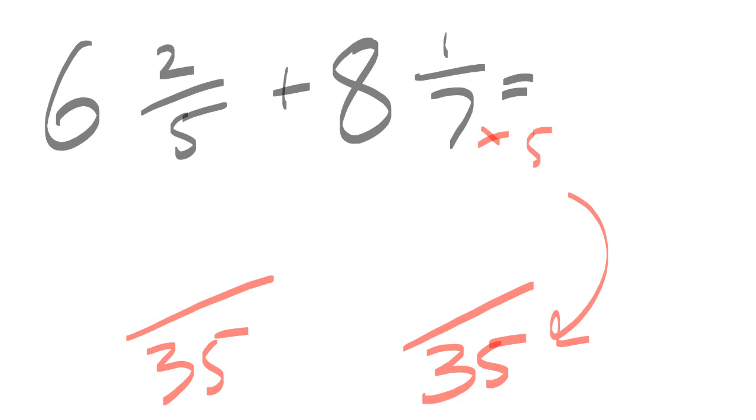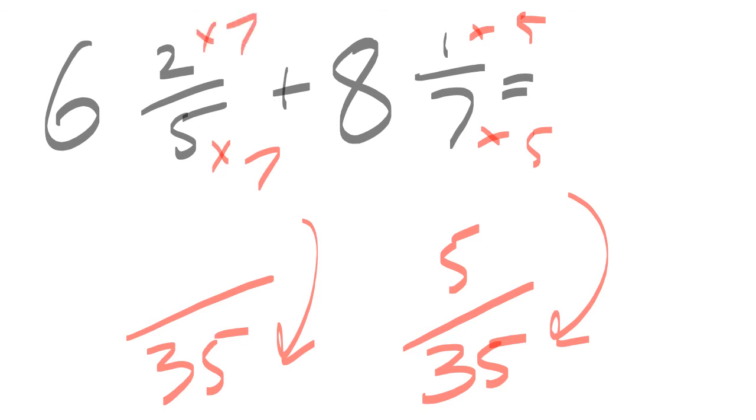Remember, with fractions, when you're making them equivalent, whatever you do to the bottom, you've got to do to the top. So 1 times 5 equals 5. Great. Now here we go. 5 times 7 equals 35, right? Remember, whatever you do to the bottom, you've got to do to the top. So 2 times 7 equals 14.